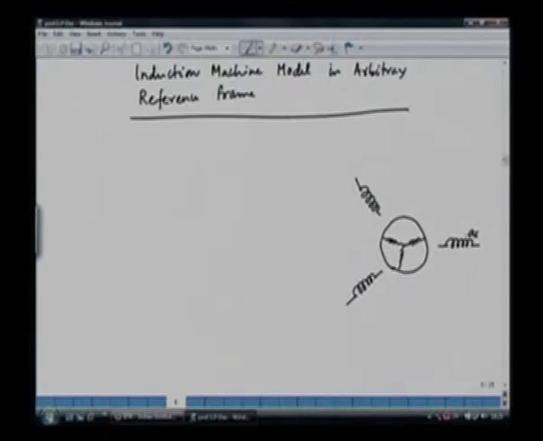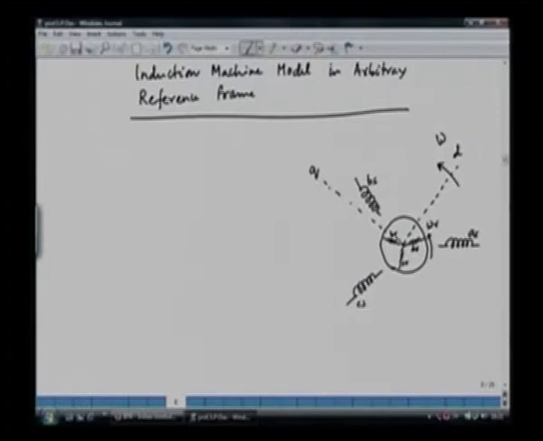This is AS, BS, CS, AR, BR and CR, and is rotating at a speed of omega r, and we have taken a reference frame which is rotating arbitrarily. It means this reference frame is having D and Q axis. This is the D axis and this is the Q axis, and the speed of the reference frame is some arbitrary speed, that is omega radian per second.